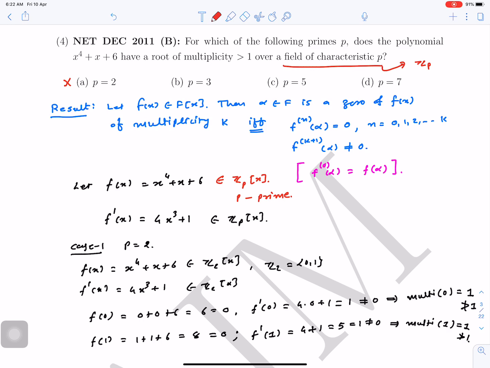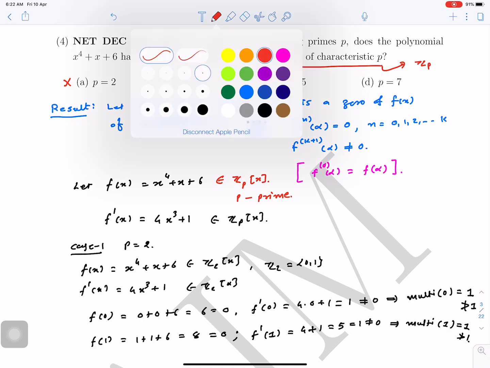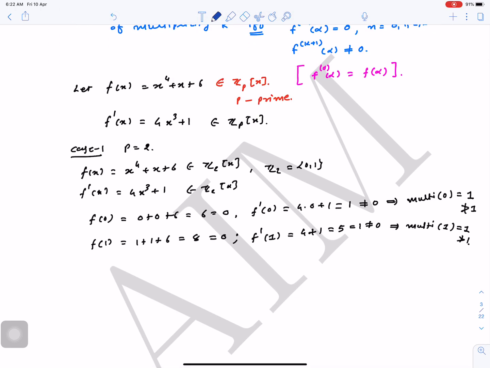Now let us go for p equal to 3. So for case 2, p equal to 3.